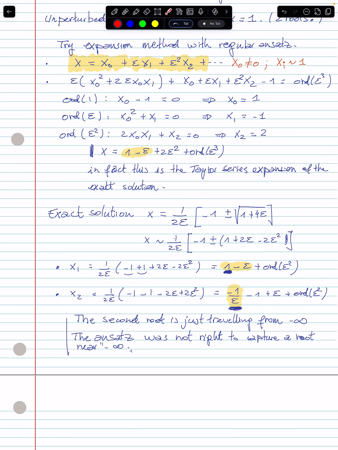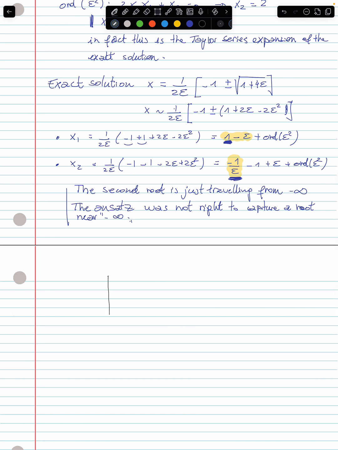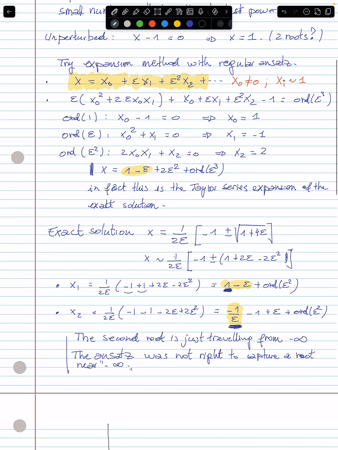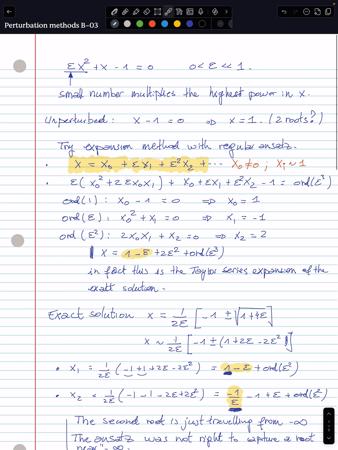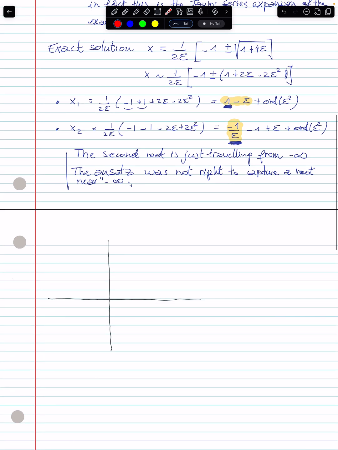We can figure this out in a different way, which probably would become obvious to you. Let me just represent the problem in its unperturbed case and the perturbed case. The unperturbed problem is x minus 1 equal to 0.